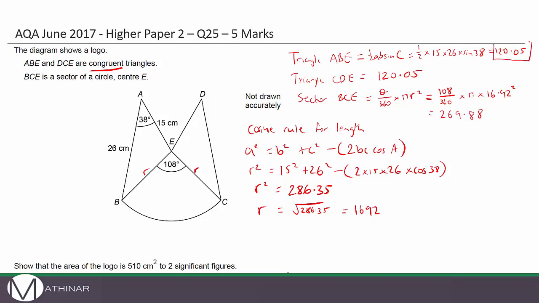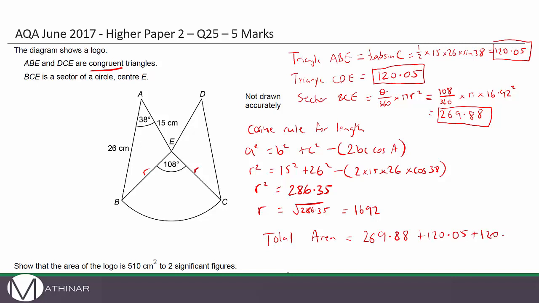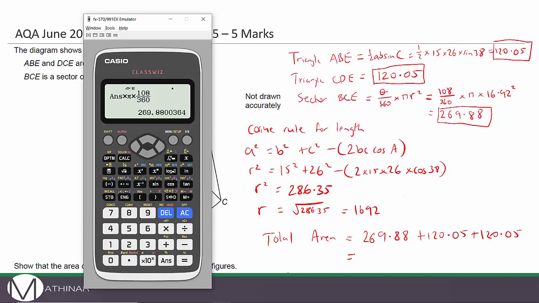So all we now need to do is add up these three values. 269.88 plus 120.05 plus 120.05. So we've got 269.88.